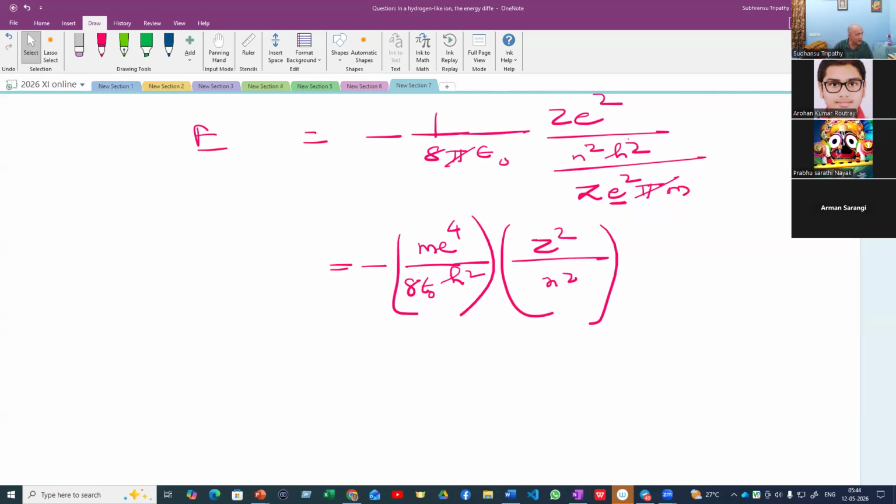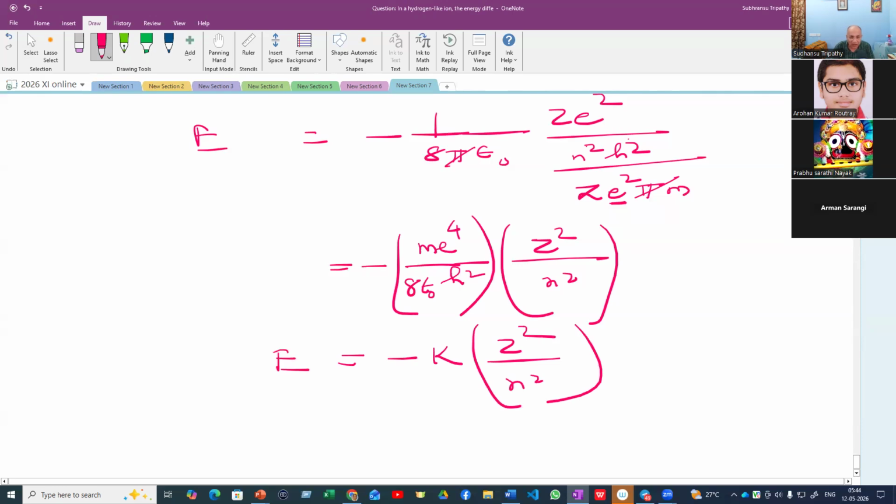k. So the energy is minus k Z square by n square.